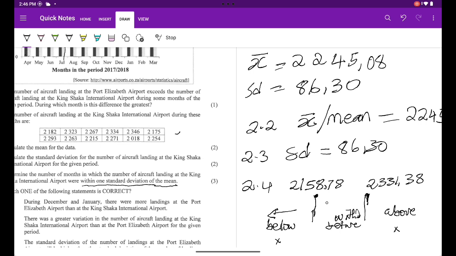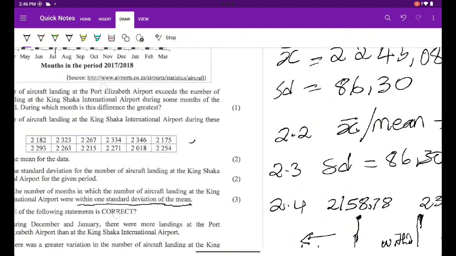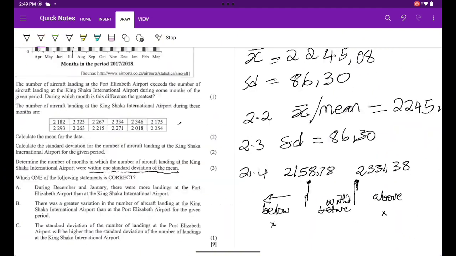So we're going to count every number that is within these two: anything above 2158.78 and below 2331.38. So we go back to our table, and let's just tick them on the table there.